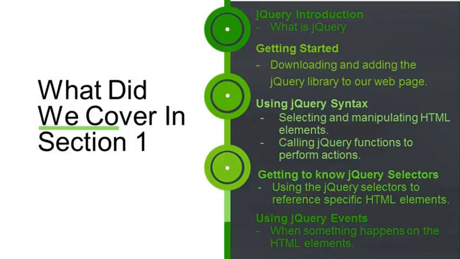And lastly, we learned how to use a small portion of the jQuery events. So again, we perform some actions when something happens. So when something happens on an HTML element, we want it to do something.